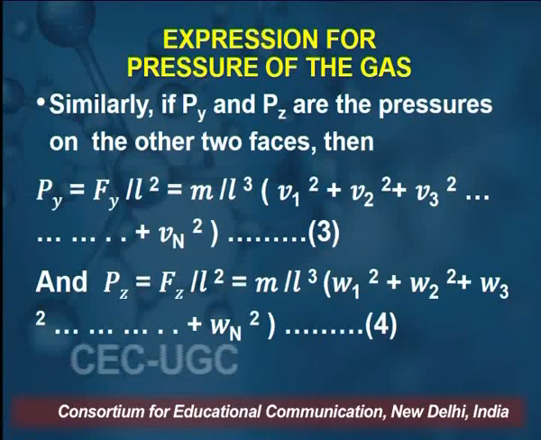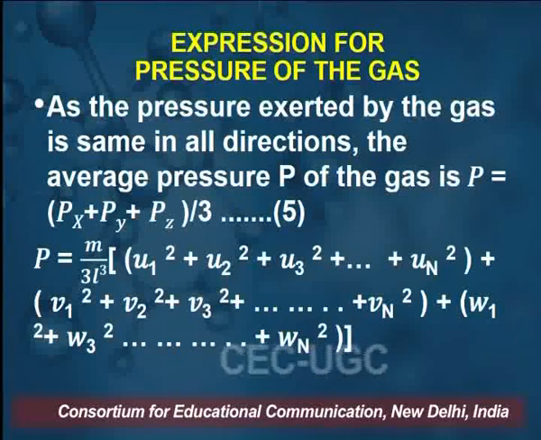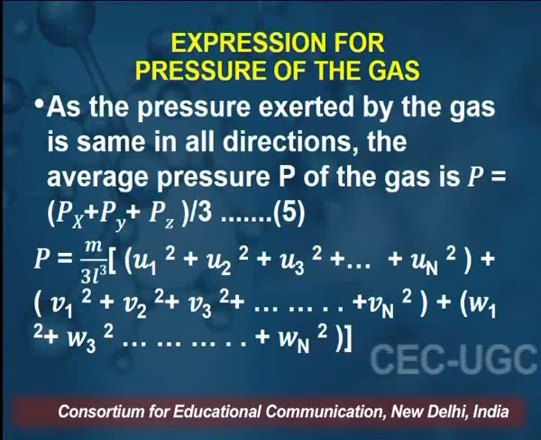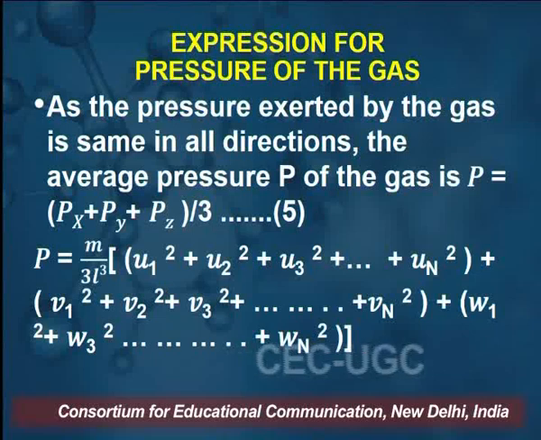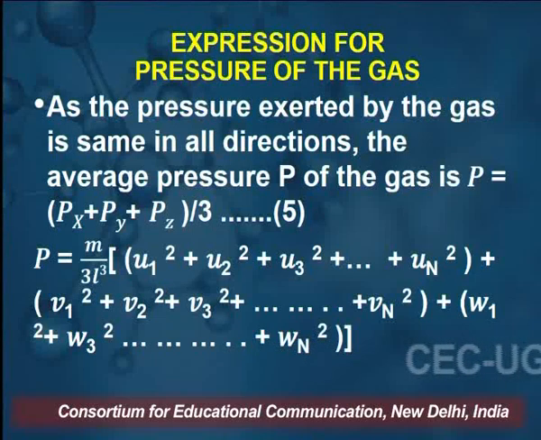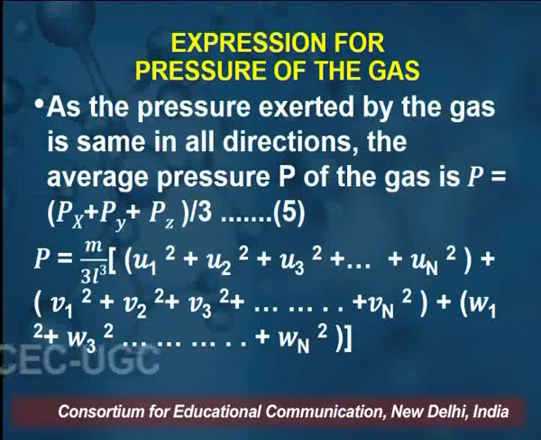Call this expression 4. As the pressure exerted by the gas is the same in all directions, the average pressure P of the gas is given by P equal to Px plus Py plus Pz divided by 3. We have to take the average of the pressure.